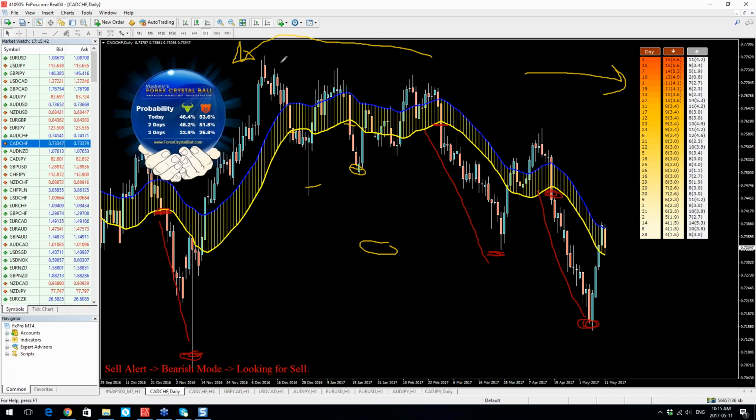So all these things you have to combine first of all, and then it will filter. It will filter many of the trades, but it will give you the best potential ones, right? It's all about that.